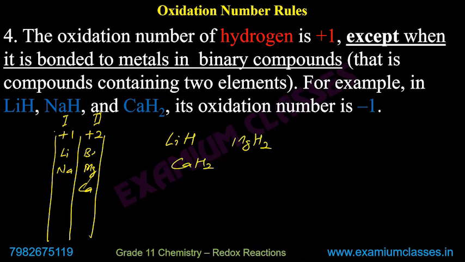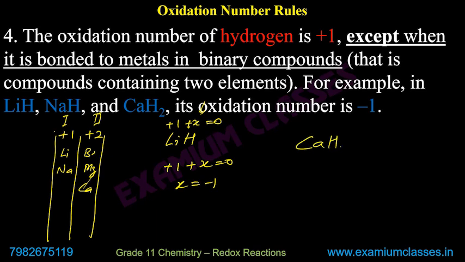In this case, because lithium will always have +1 oxidation state, it can't have negative, and the sum of the two must be 0, X has to be negative. So +1 plus X equals 0, X equals -1, where X is the oxidation state of hydrogen. Similarly, in CaH2, calcium is a group 2 element and will always have +2 oxidation state, so +2 plus 2 times the oxidation state of hydrogen sums to 0.